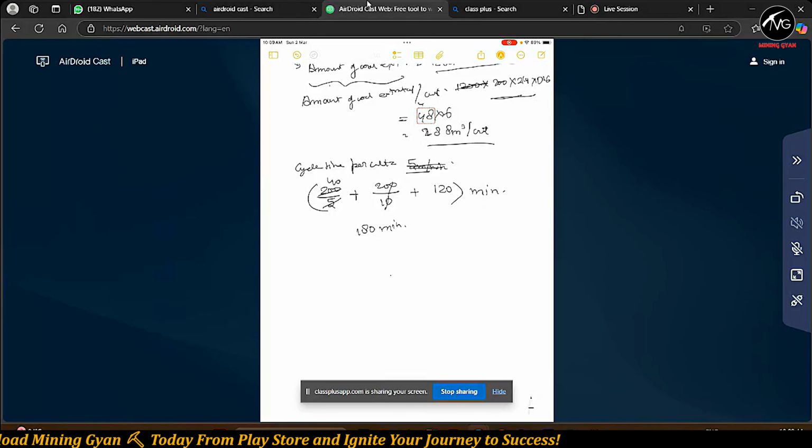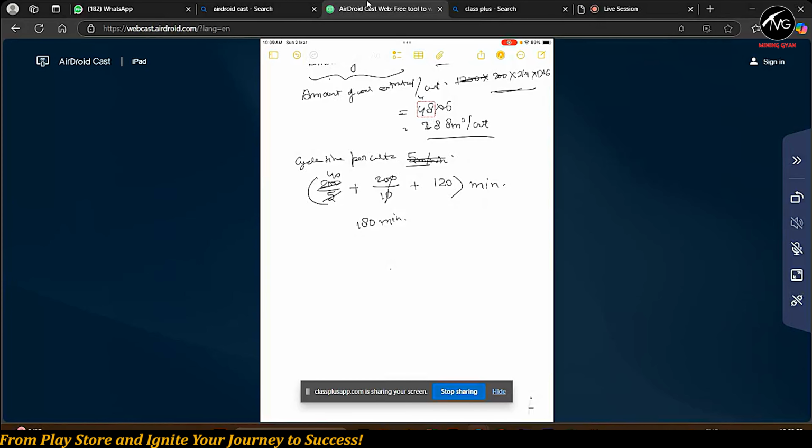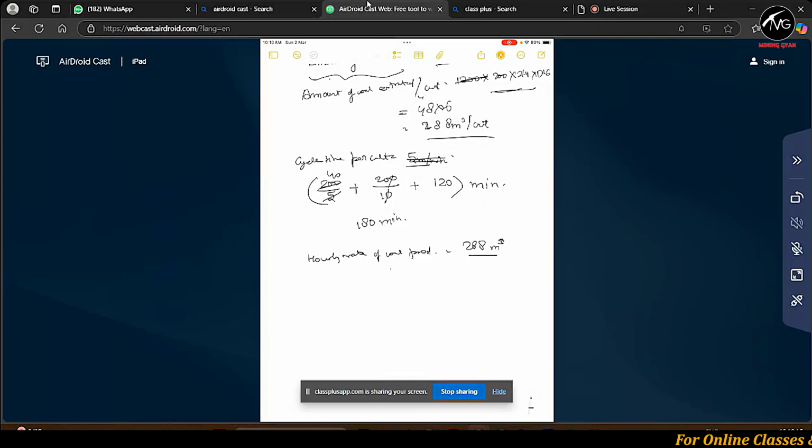Now, if we have the amount of coal cut and the cycle time per cut, then the hourly rate of coal production is 288 meter cube per cut upon 180 minutes. 180 minutes is equal to 3 hours.